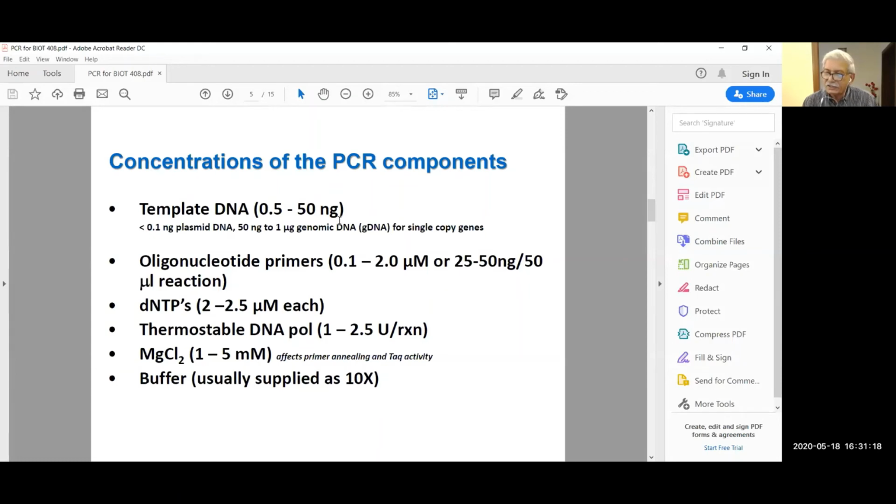How many genes are there in human beings? About 30,000. And your gene is just one of them that you want to amplify. So that 5% of the DNA has 1/30,000th part of your gene.